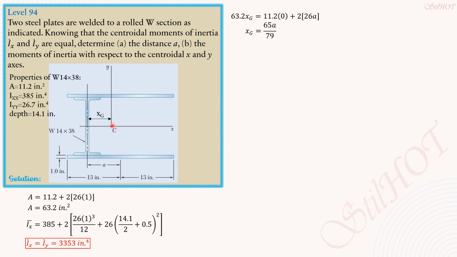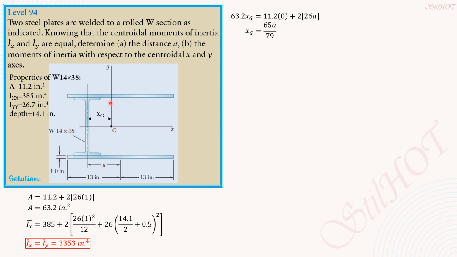Then we transfer the moment of inertia of each section here by the parallel axis theorem. And remember, the value of the moment of inertia with respect to this centroidal y-axis is 3353 point something, 0.46, I think.